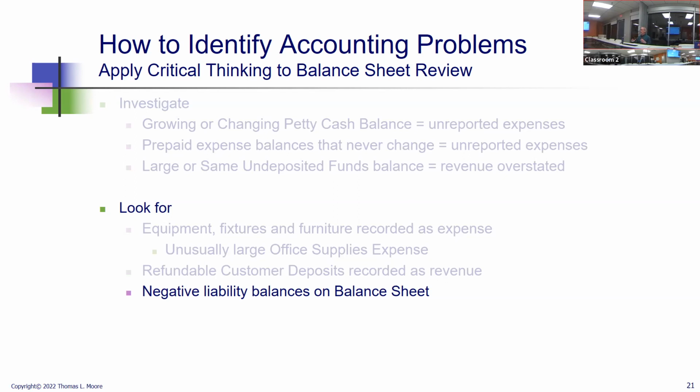Only rarely, and that should be done only by a CPA or your CFO, should you ever see a negative liability balance on your balance sheet. So again, in your monthly reviews of these documents, if you see a negative balance on there, you should be going back to your bookkeeper or looking at transactions yourself to see what's driving that. And some of those reasons that we've just talked about may cause a negative balance for you.